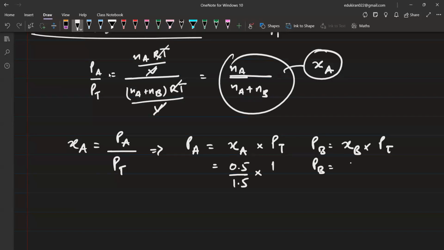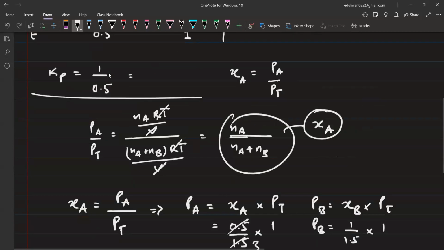Partial pressure of B we have found as 1 upon 1.5 into total pressure 1. So if we calculate this value, 0.53 I think, right? This will be 1 by 3, and PB is equal to how much? PB will be equal to 2 by 3, I guess. Because if I multiply 2 by 2 here, this will get 3 and this will get 2. This will be 2 by 3.